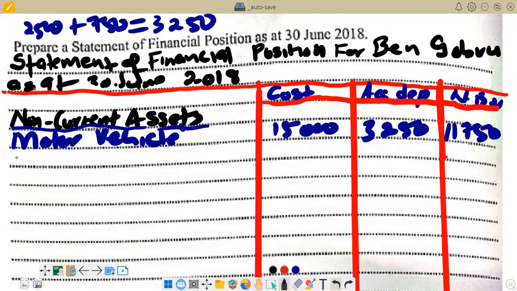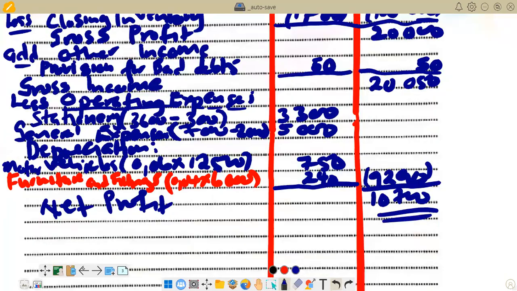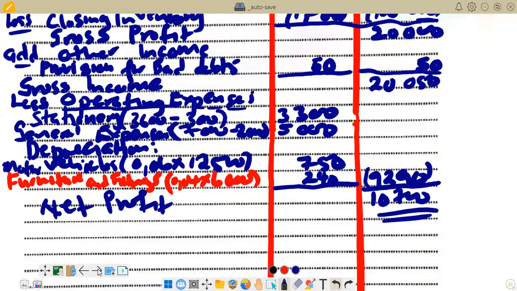Then after motor vehicles, we also have furniture and fittings. You're just going to do the same thing. So the cost price, we know it was 6,000. We saw it when we calculated the depreciation for the year. So here you have 6,000 as our cost. Then we go back to check accumulated depreciation. The depreciation that we have in the list of balances for furniture and fittings is 420, and then we add the depreciation for the year, 240.